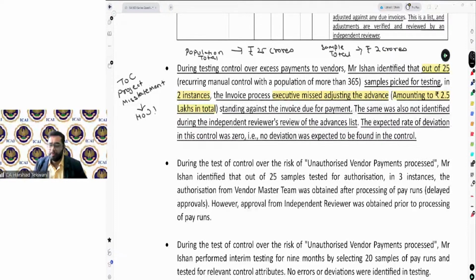Awaiting your answers. I have 2 samples where the total misstatement was 2.5 lakh rupees out of 25 samples. Let's assume the sample total was 2 crores and the population total is 25 crores. How will I project the misstatement identified in the test of controls?